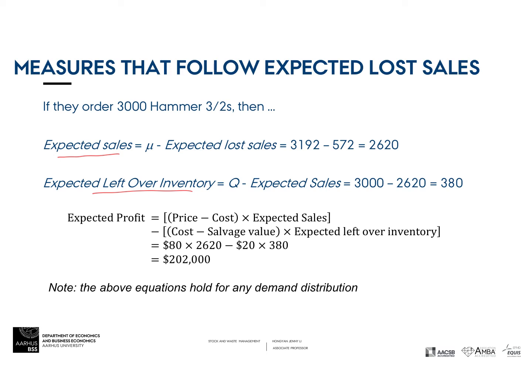The purpose of introducing them here is to tell you that you can always open your book and find the formulas, then find the method to calculate all these statistics for your inventory decisions. At the same time, you can calculate expected profits. And all these relationships hold for any demand distribution.